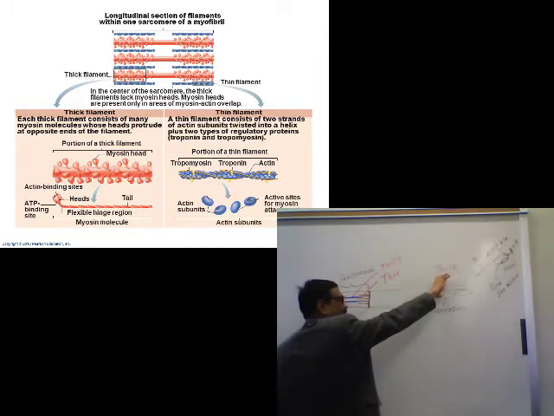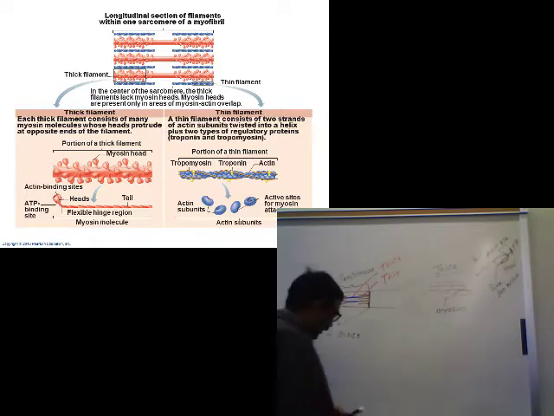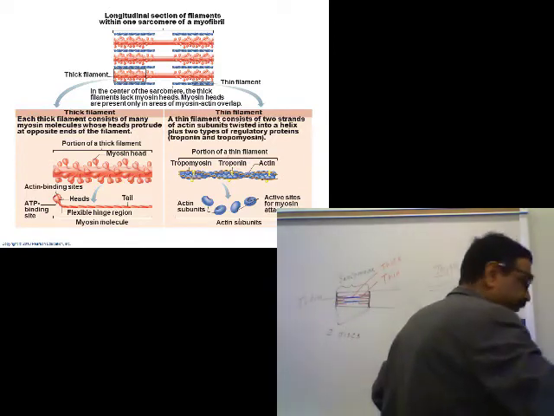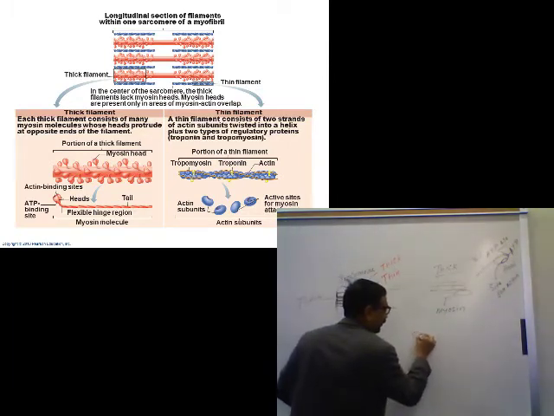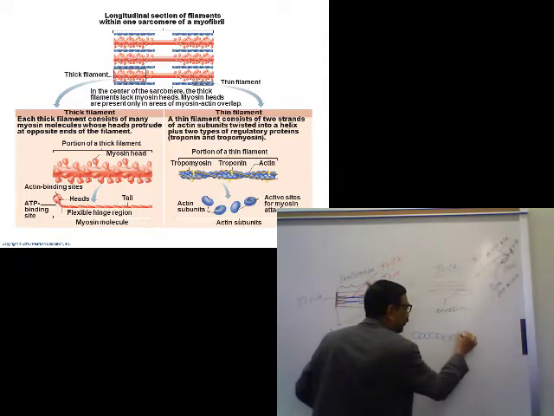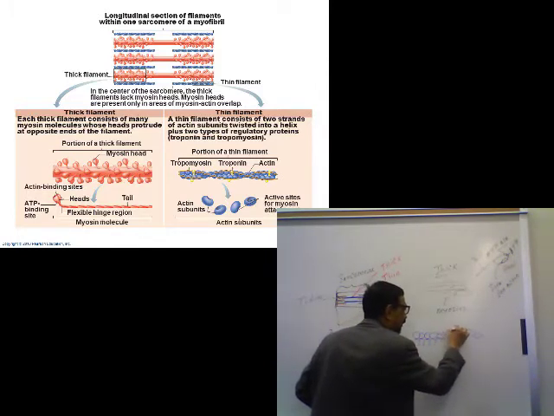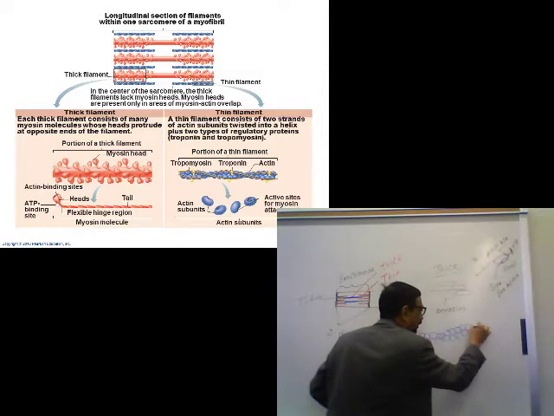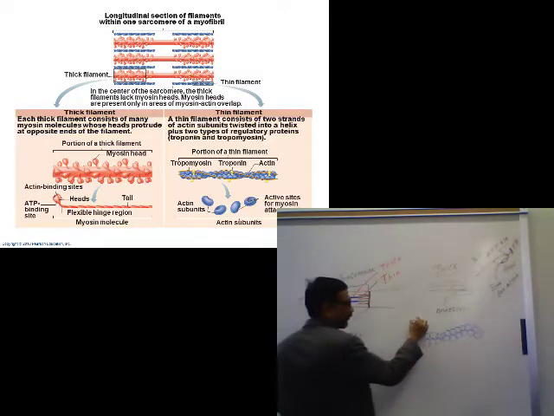Many myosin bundled together form the thick filament. Now we'll see the thin filament. Two chains together make the thin filament.